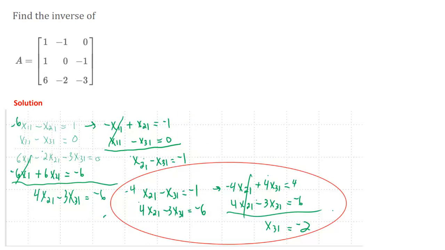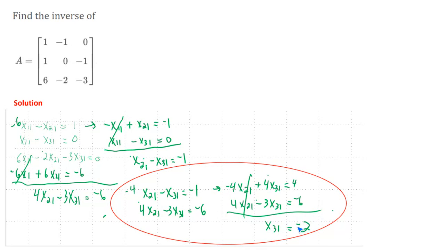In order to cancel the x21, this should be a 4, so I multiply by -4. So I get -4x21. Negative and negative is positive, and then negative and -1 is +4. If I add it to the second equation, the x21s cancel, and I'm left with x31 is equal to -2.